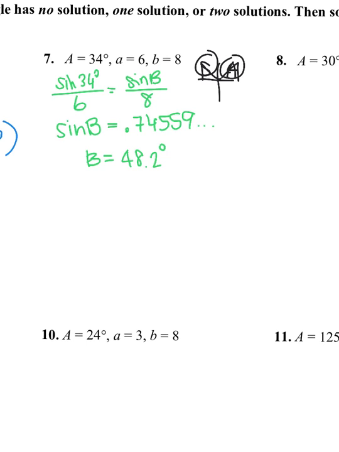So for the first quadrant, that's easy because it's just 48.2 degrees. For the second quadrant, we need to do 180 minus that angle to give us 131.8 degrees. All right, and that is our second possibility for angle B. And if you don't believe me, you can go ahead and try it. Type in sine of 131.8 degrees, and that will give you the 0.74559.